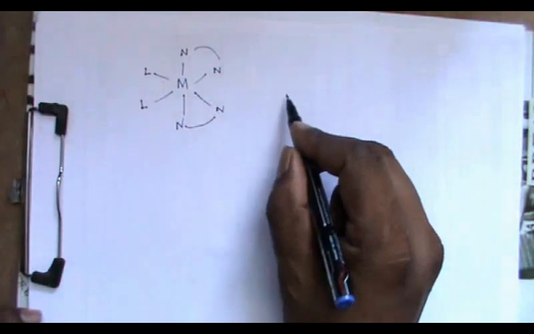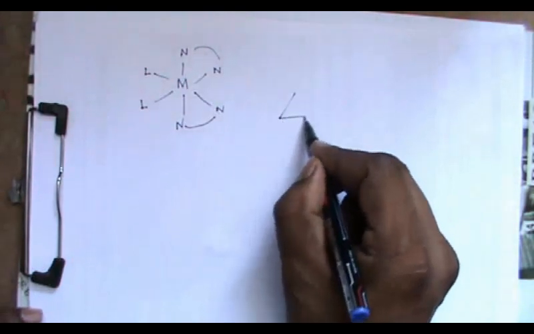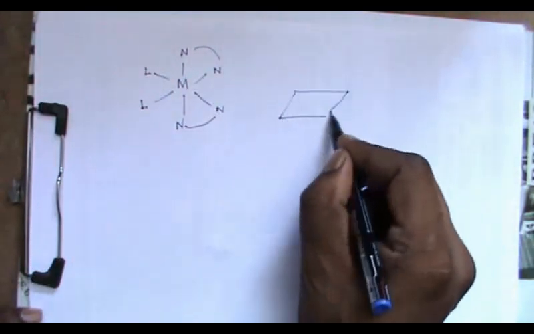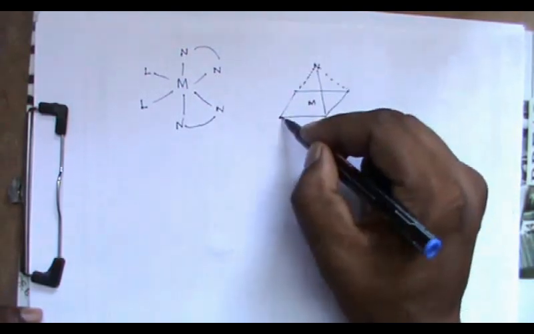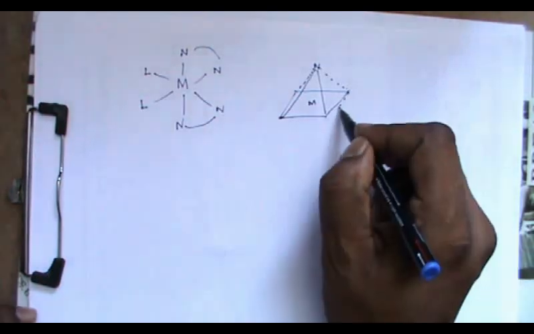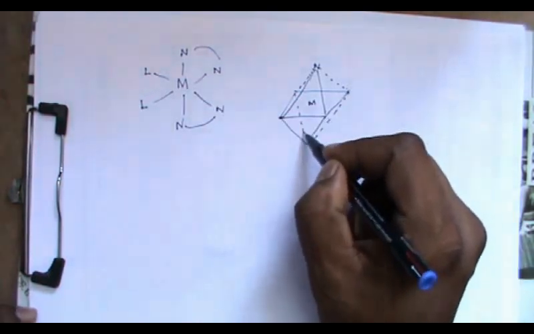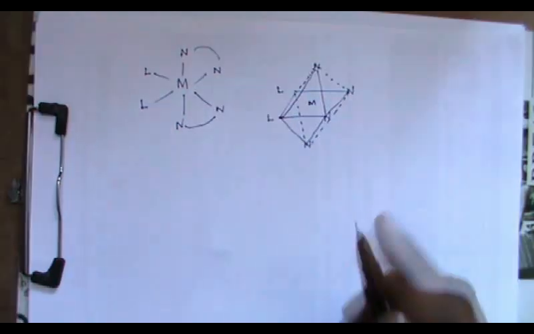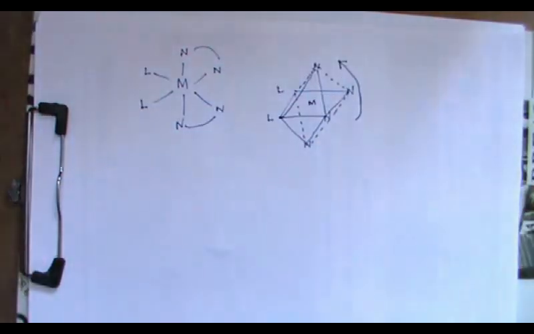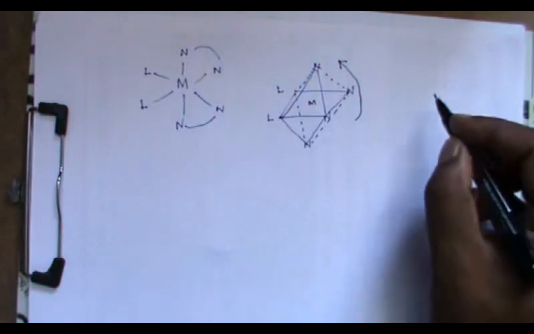Let us try to represent this, the octahedral structure. Now I have to rotate this structure in the anti-clockwise direction by 90 degrees.